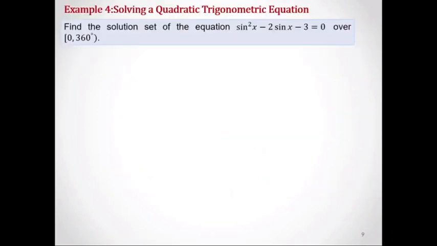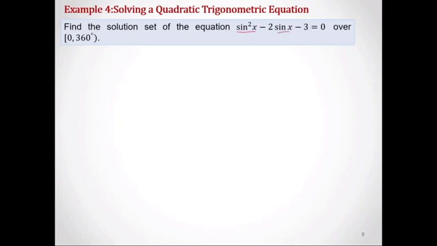Now let's look at this equation. Find the solution set of the equation sine squared x minus 2 sine x minus 3 equal to 0, over 0 to 360. First, look here, sine squared x and sine x.